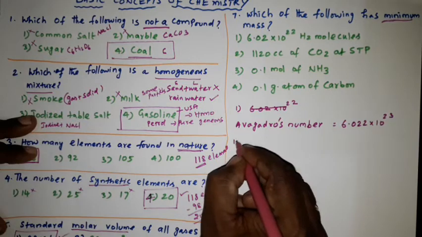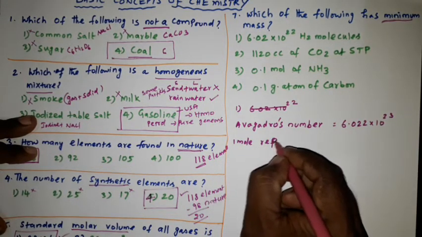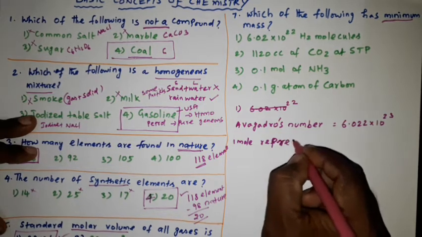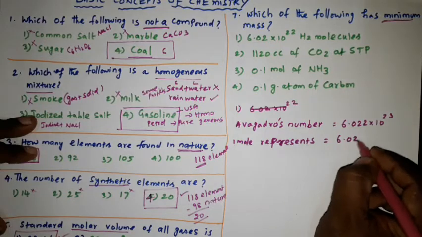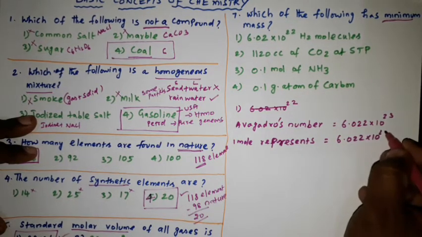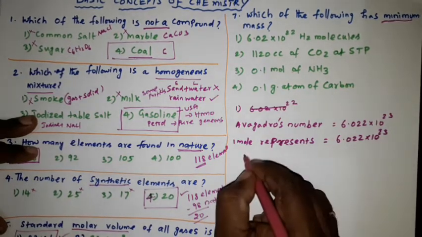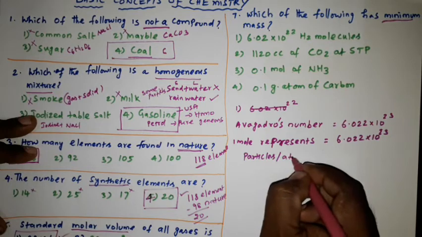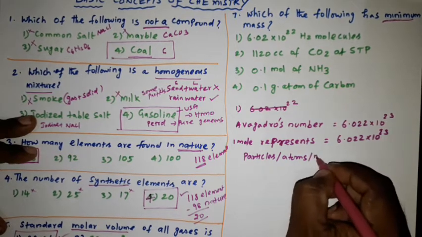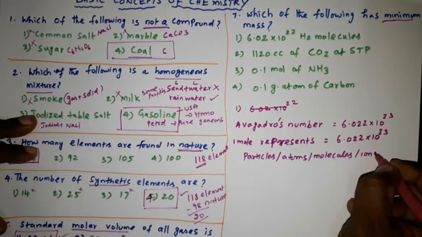So that means 1 mole of any substance represents 6.022 into 10 power 23 particles, or atoms, or molecules, or ions, whatever may be.